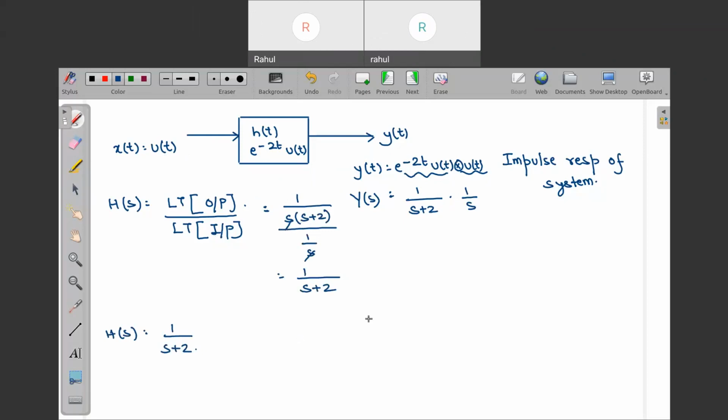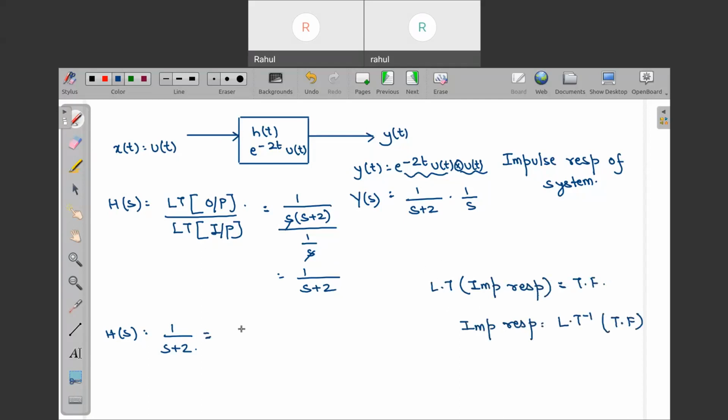The inverse Laplace transform of the transfer function of a system is its impulse response, because the Laplace transform of the impulse response is equal to the transfer function.